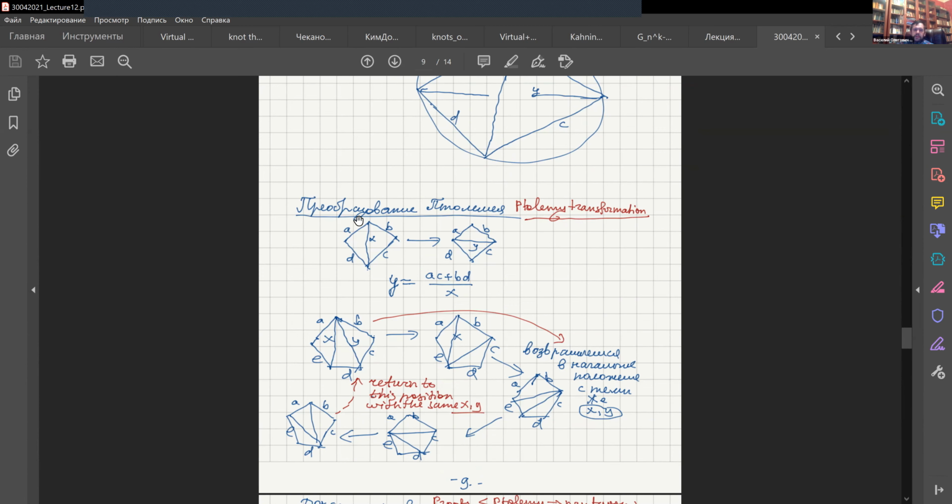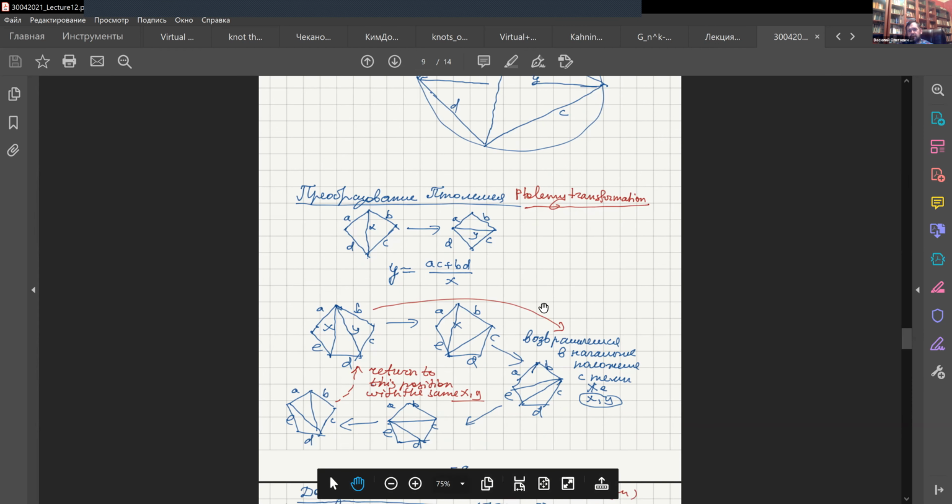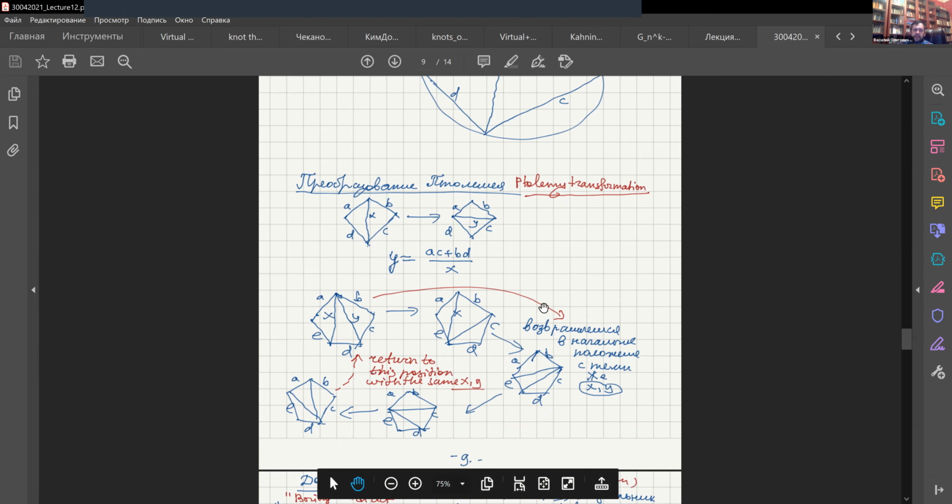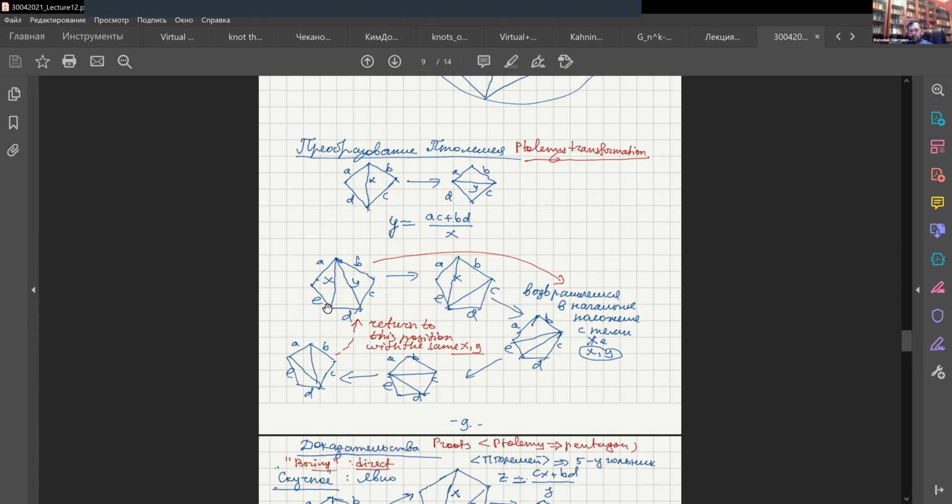Then, whenever I apply the Ptolemy transformation, then here, for example, instead of y, I will have something, and then I will have two other letters, and back and forth. And the main theorem will be that we will return to the same x and y.